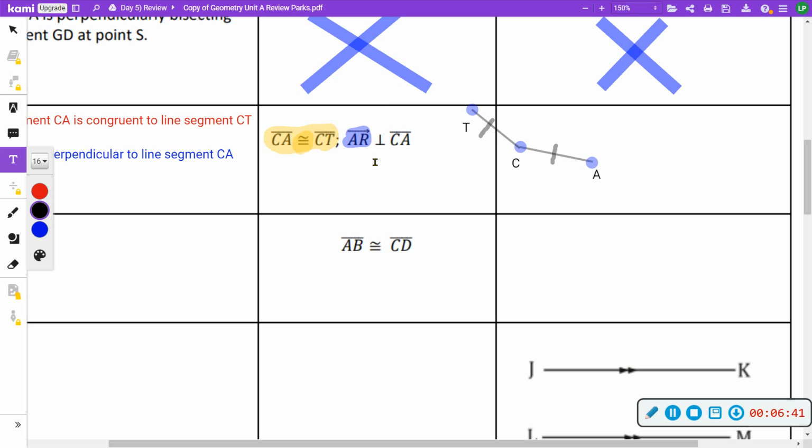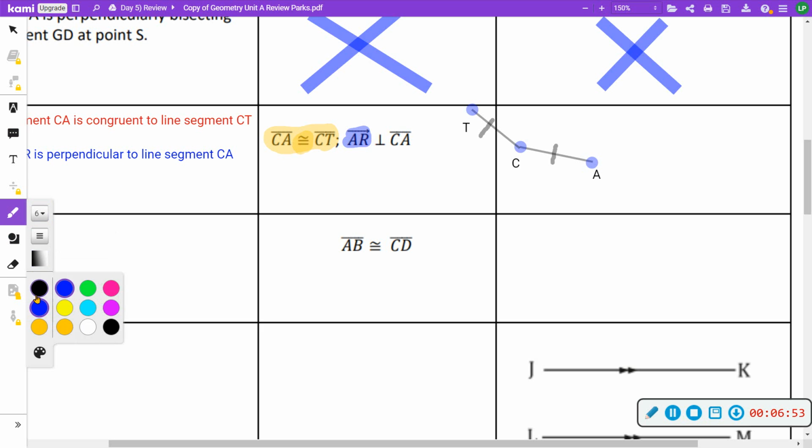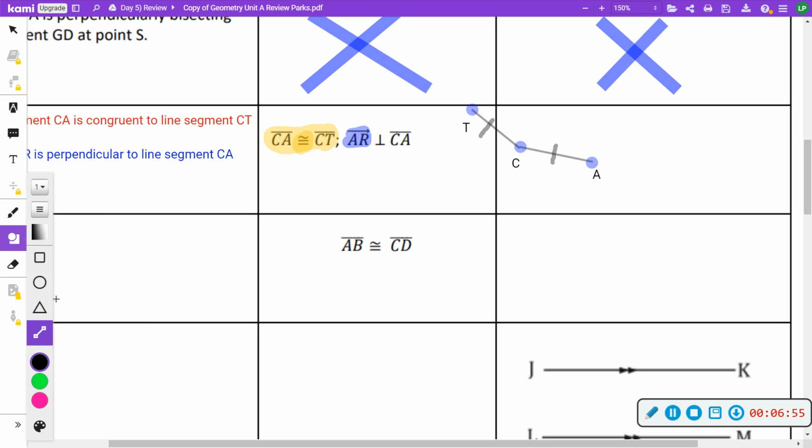Now this part says that AR, the ray AR, is perpendicular to CA. So here's CA. We need to draw a ray AR. So it's going to start at A. We need this to be 90 degrees. So going by my visual, if I go about right there, that's 90 degrees. And to show it's a ray, I'll put arrows right there.